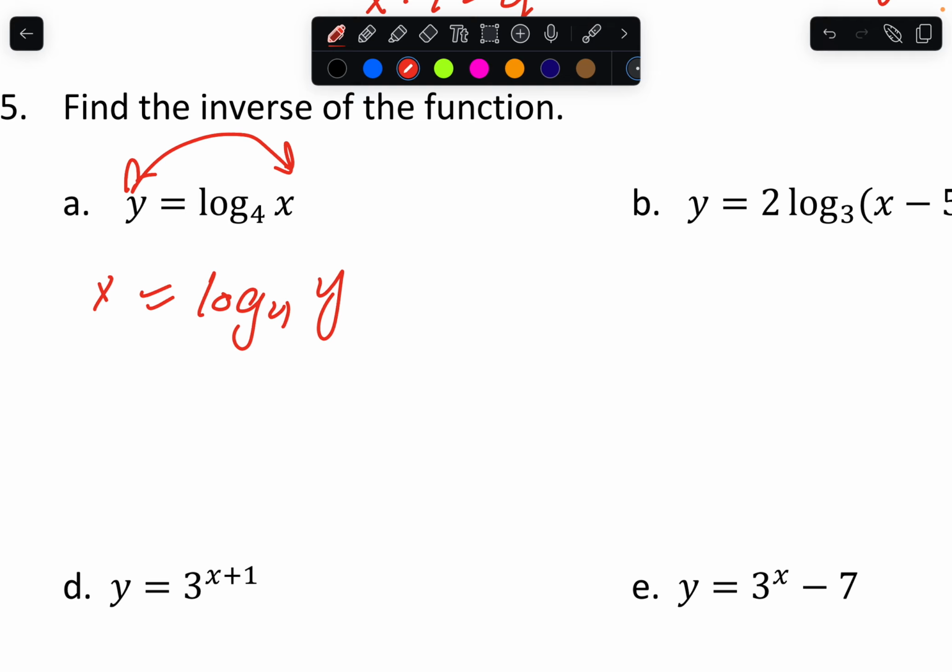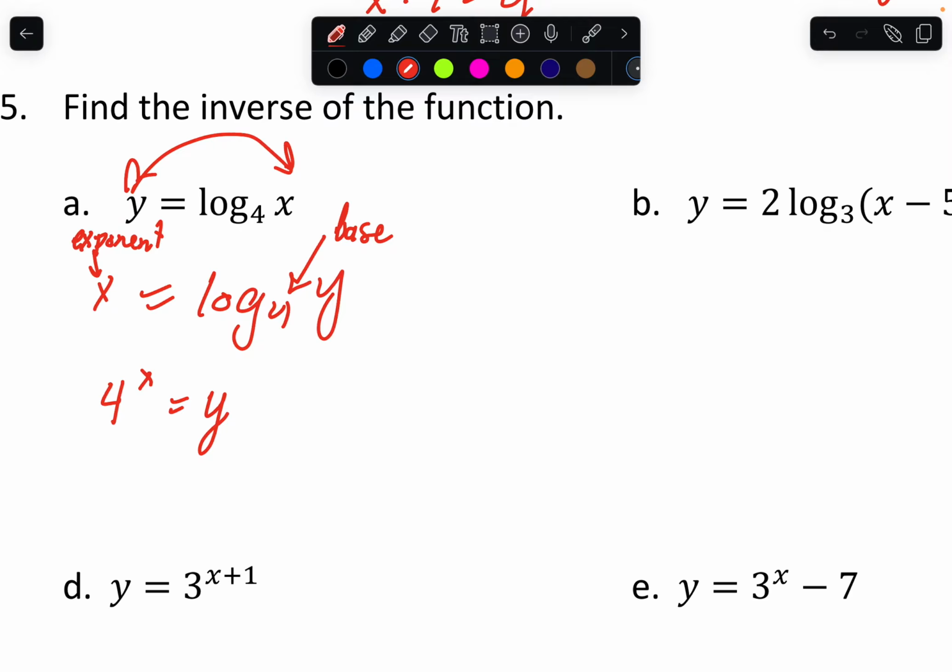Remember what we see in log form, the exponent is always by itself. This is the base. And then in exponential form, the y value will be by itself. So we'll end up getting base 4 raised to the power x is equal to y.